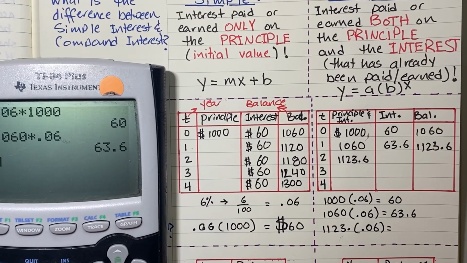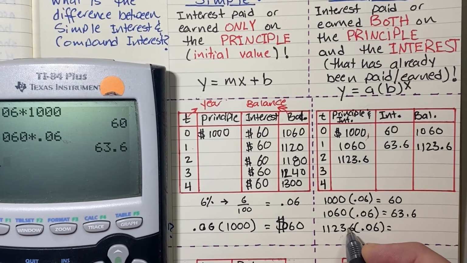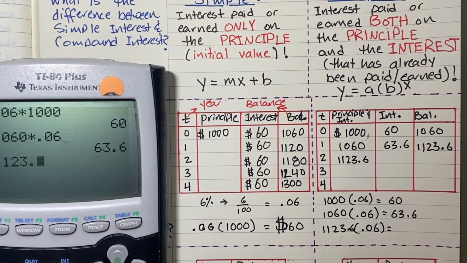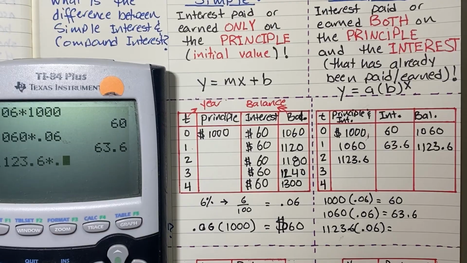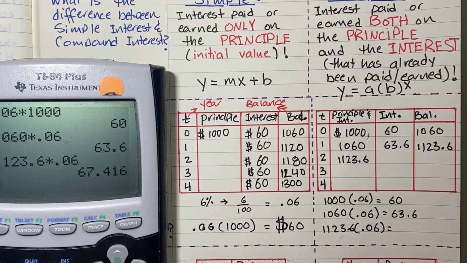It's going to give us 67.4, and we're going to want to round that because we don't want 3 decimals for money.